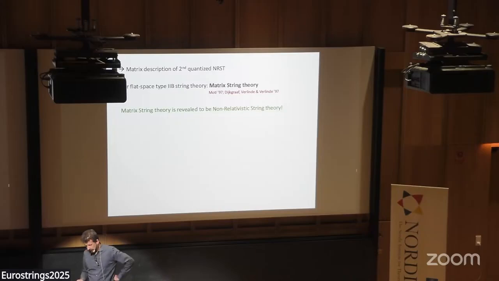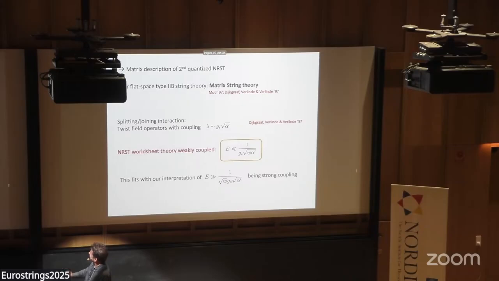So in other words, matrix string theory is basically non-relativistic string theory in type IIB flat space. This was already, I should say, recognized by several people. But here it's this is the statement, yeah.